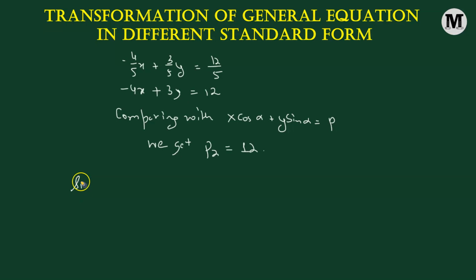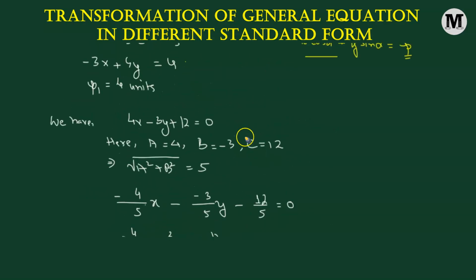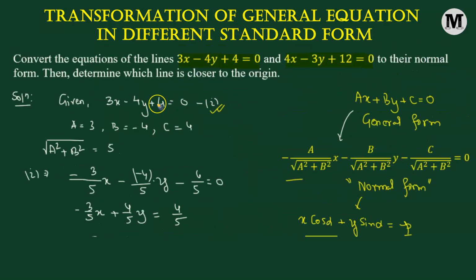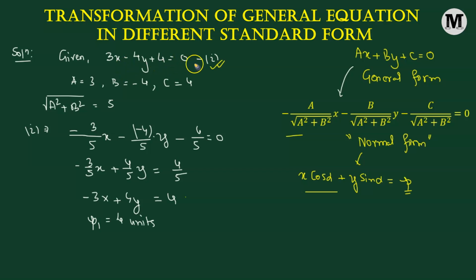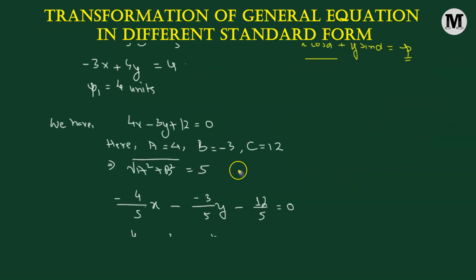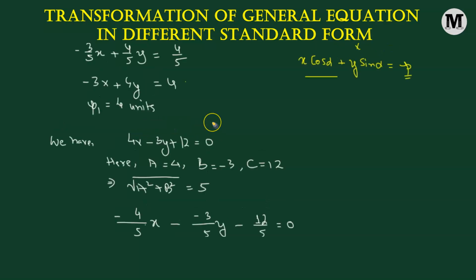Since p1 is less than p2, that means 4 is less than 12. This implies that p1, the perpendicular distance of the line 3x minus 4y plus 4 equals 0 from the origin, is shorter than the other perpendicular distance from the same origin, which is for the line 4x minus 3y plus 12 equals 0.